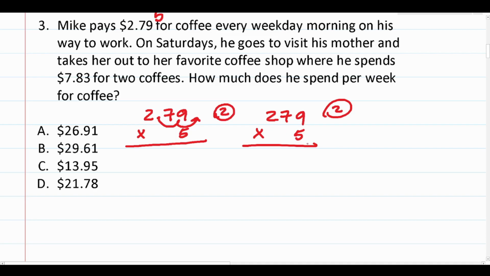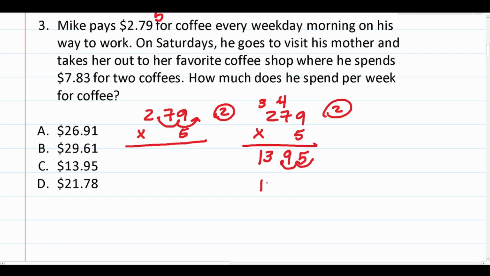So 9 times 5 is 45, so we're going to drop down a 5 and carry a 4. 7 times 5 is 35, 36, 37, 38, 39. Carry a 3. 5 times 2 is 10, plus 3 is 13. Take our two decimals that we moved to the right and shift them back to the left.